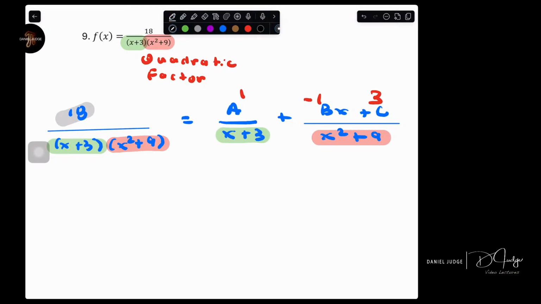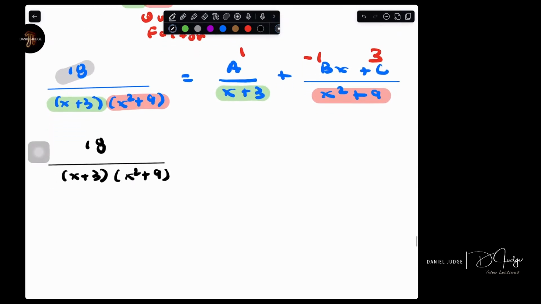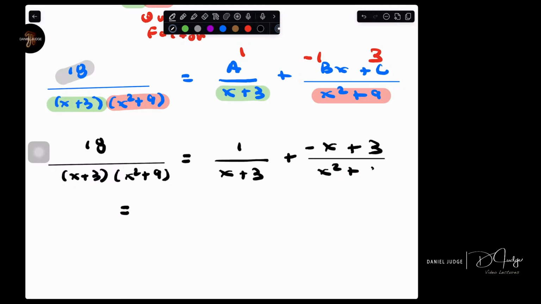What this means as a final answer is that 18 over x plus 3 times x squared plus 9 will equal 1 over x plus 3 plus a negative x plus 3 over x squared plus 9.